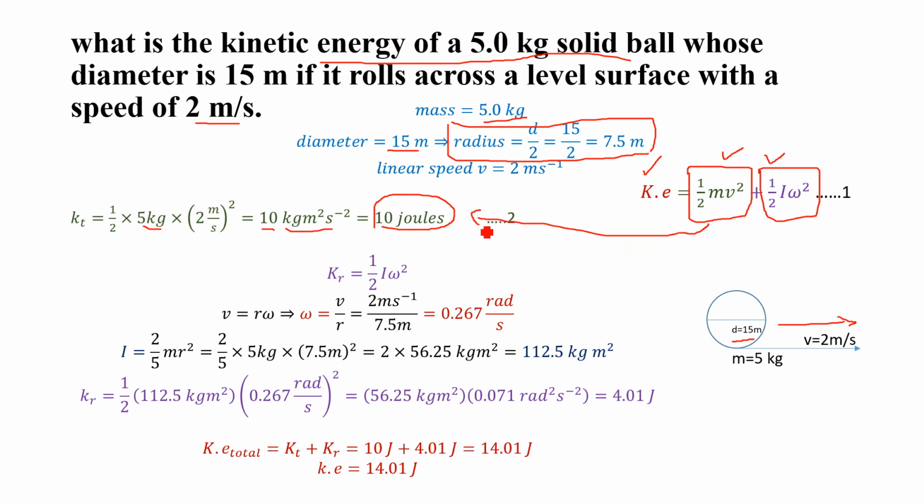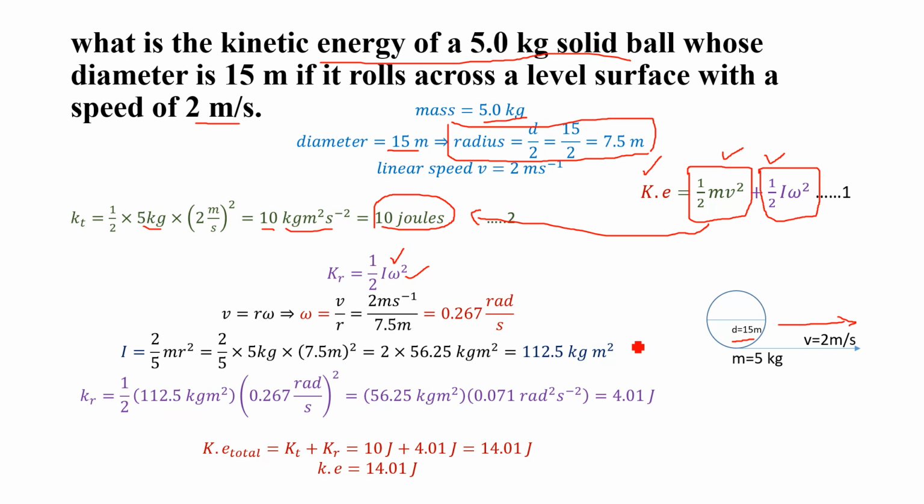Now solving the second part, which is 1/2 I omega square, or the rotational kinetic energy. The rotational kinetic energy is equal to 1/2 I omega square, where I is the moment of inertia and omega is the angular velocity.